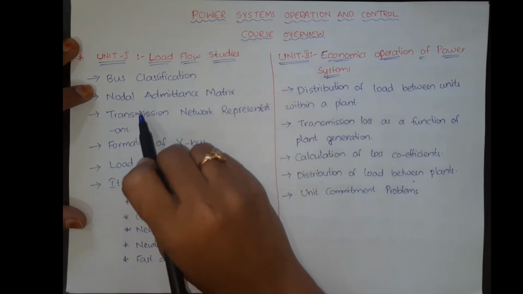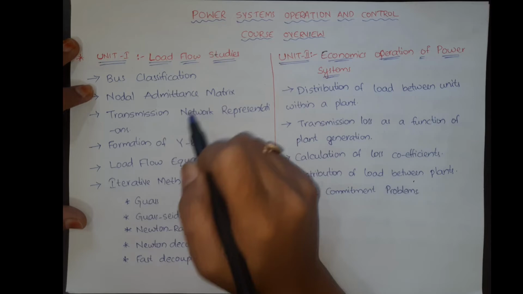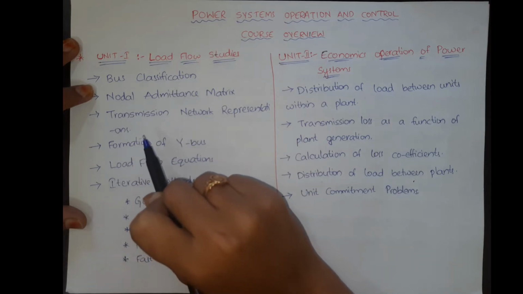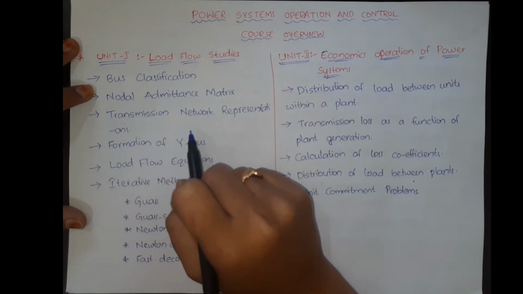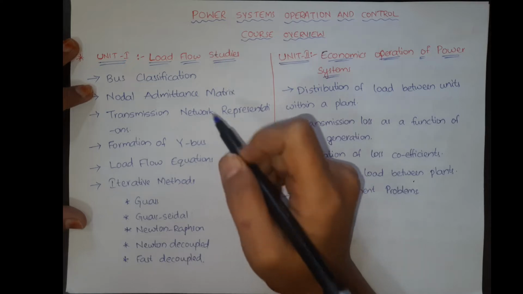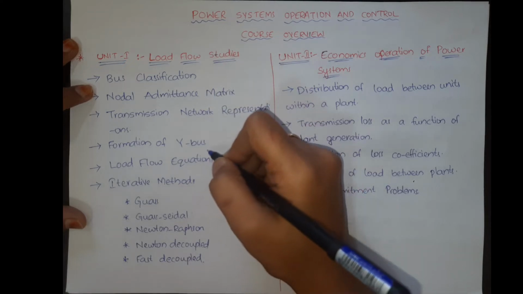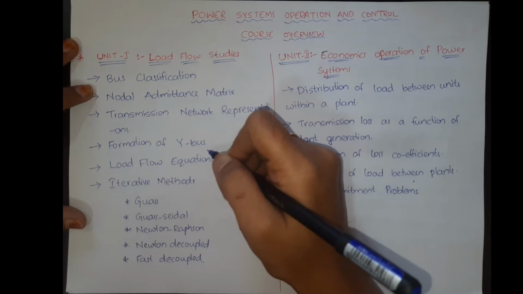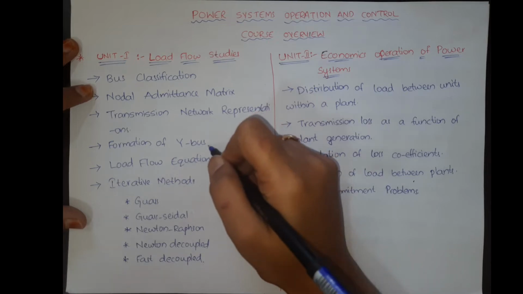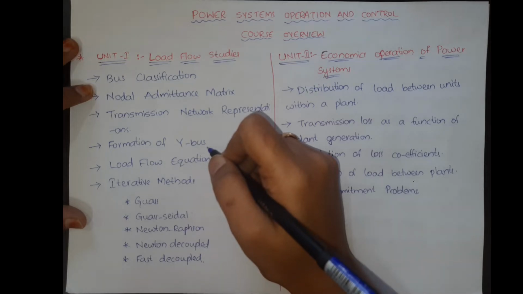For that we need the help of the nodal admittance matrix and how the transmission network is being represented mathematically, right? Also how the Y-bus is formed. So for that there are different methods like direct transformation and singular transformation method. Those methods we'll be studying in this topic, right?